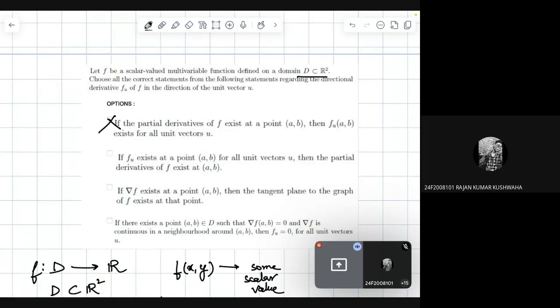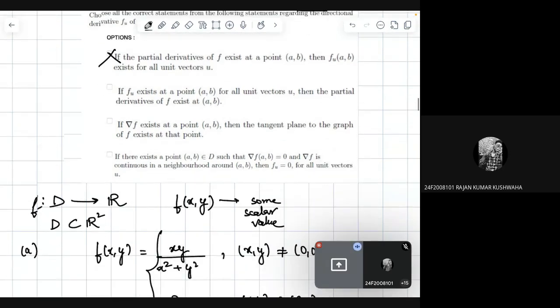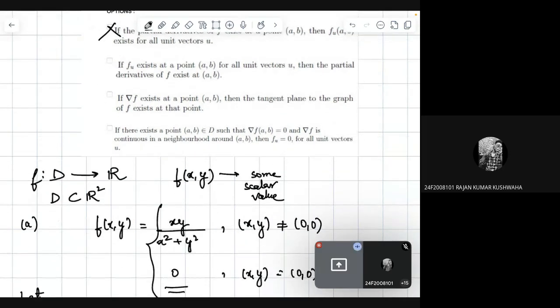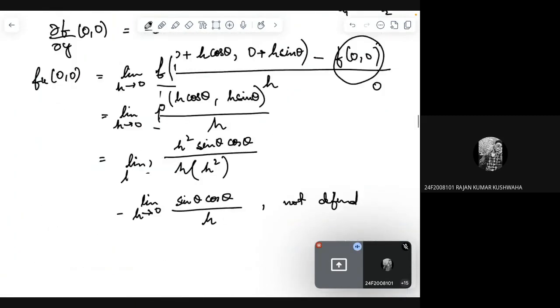We are saying that the directional derivative exists for all unit vectors, meaning it exists in all directions, then the partial derivative exists. Yes, this will be true. But the partial derivative existing does not mean that the function will be differentiable, right? So this will be true, and I'm going to show it using one example as well.